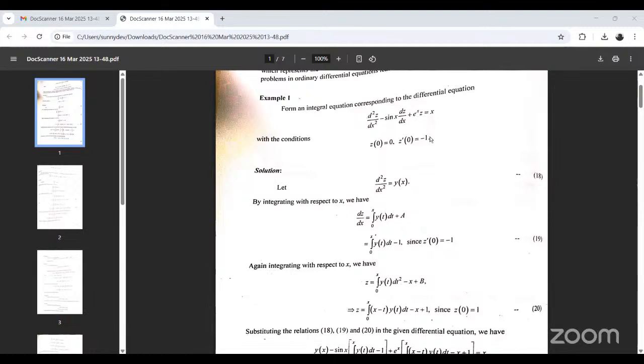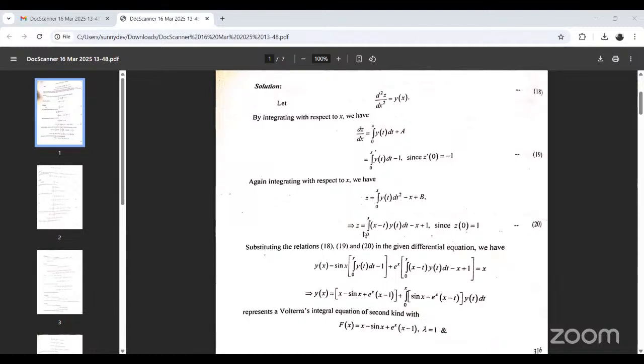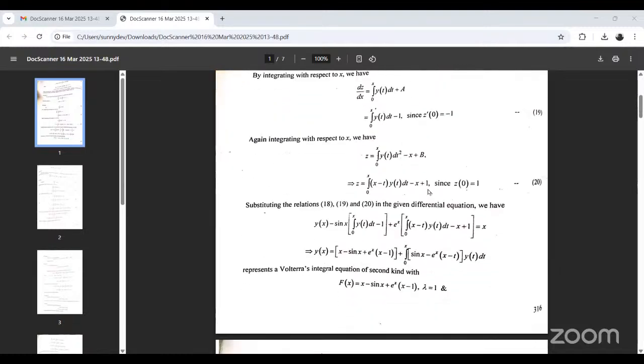And e power of x times z, where z is the integral 0 to x of x minus t into y of t dt minus x plus 1. The right side is x. Now simplify: y of x equal to x minus sin x plus e power of x into x minus 1, plus the integral 0 to x of sin x minus e power of x into x minus t, into y of t dt.